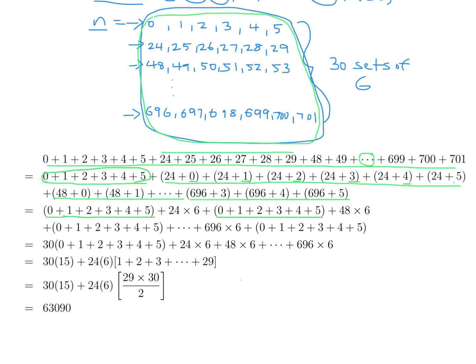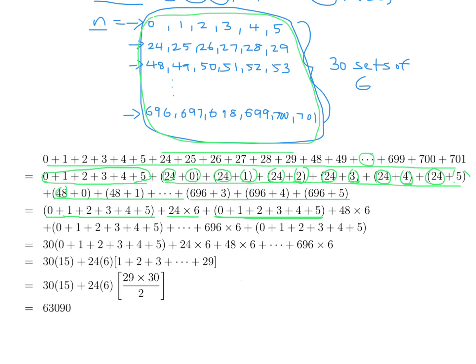And what you've really done is you've just taken out the 24s, these guys, and since there's 6 of them, you have to multiply by 6. And then you just add the 0, 1, 2, 3, 4, 5, and that's what this is. And then you do the exact same thing for the next set of 48, 49.